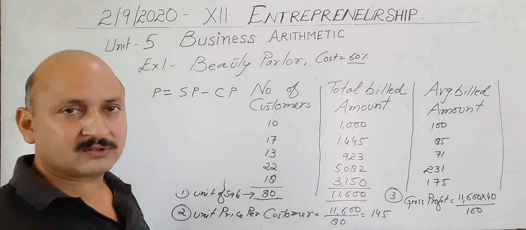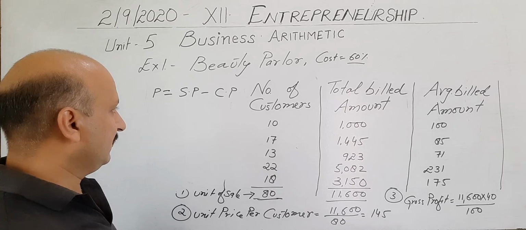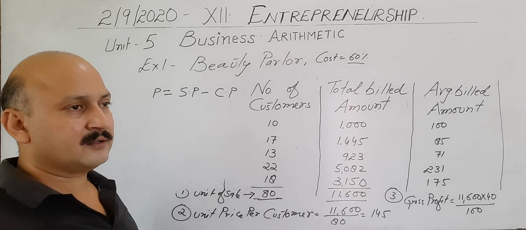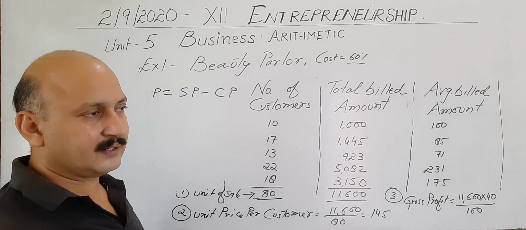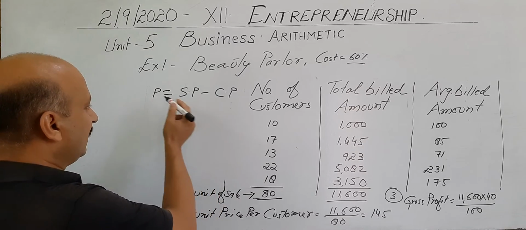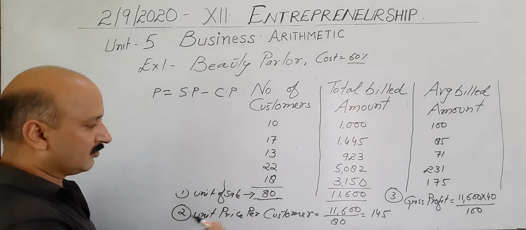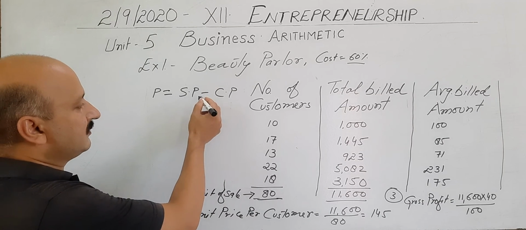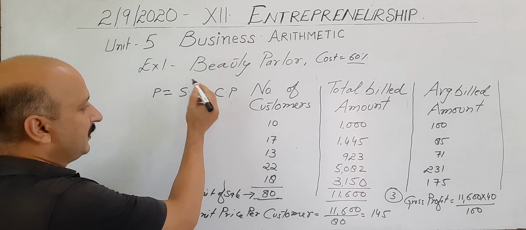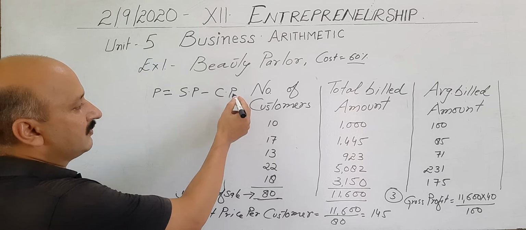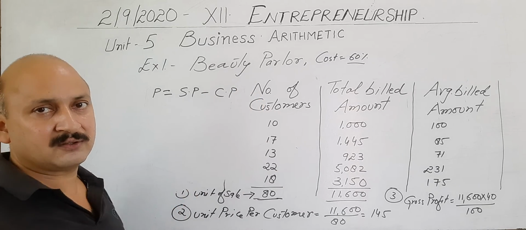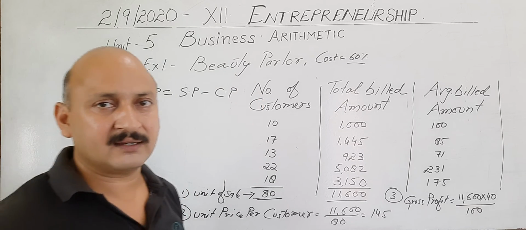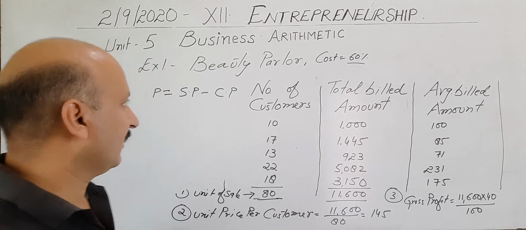So this is also similar, but here two more things are added. Now profit is known as gross profit and selling price is known as selling price per unit and cost price is known as cost price per unit. So names are changed, other things are same.